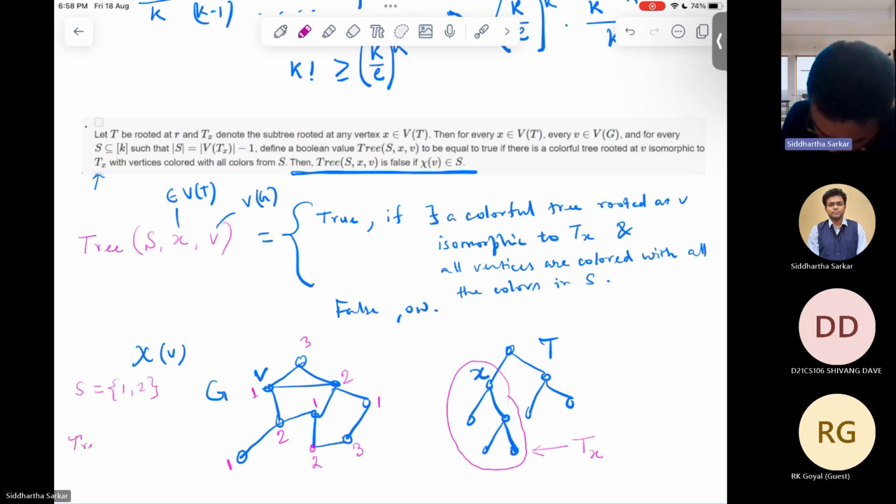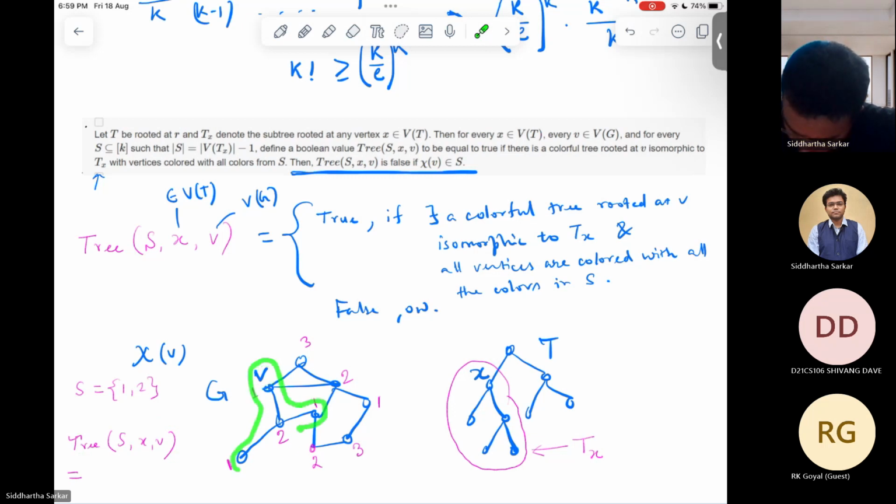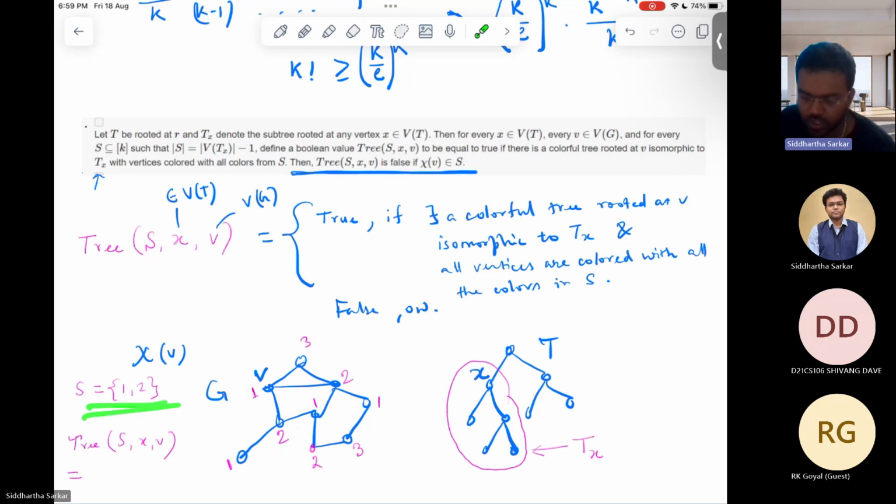Now we want to ask what is tree of S comma X comma V. So what are we asking? We're asking this: does there exist a colorful tree rooted at V which is isomorphic to this T sub X, and all vertices of this colorful tree have colors from S only?